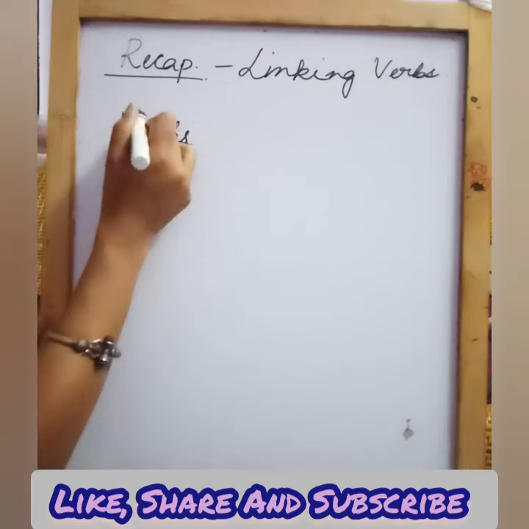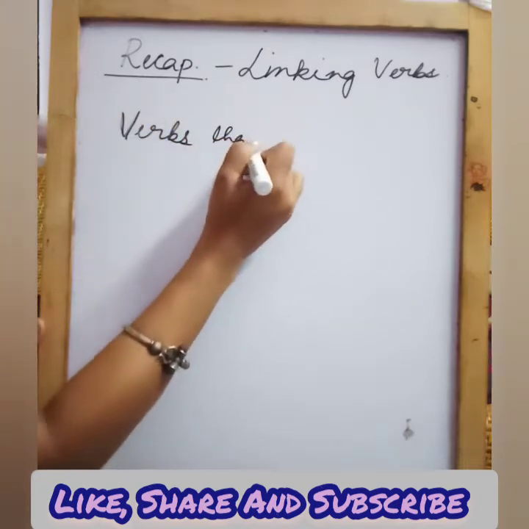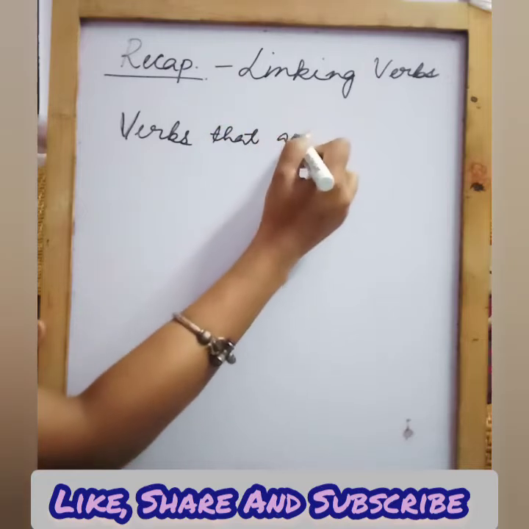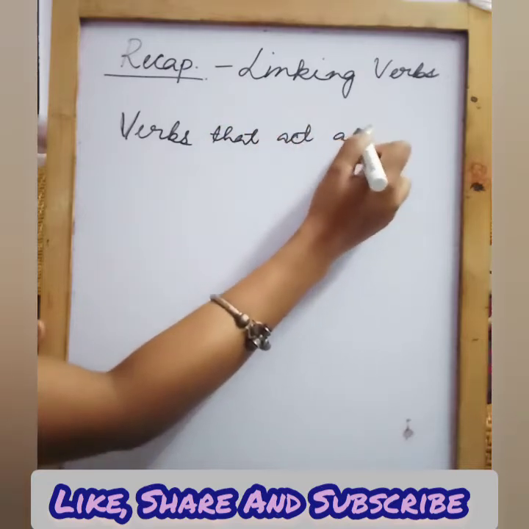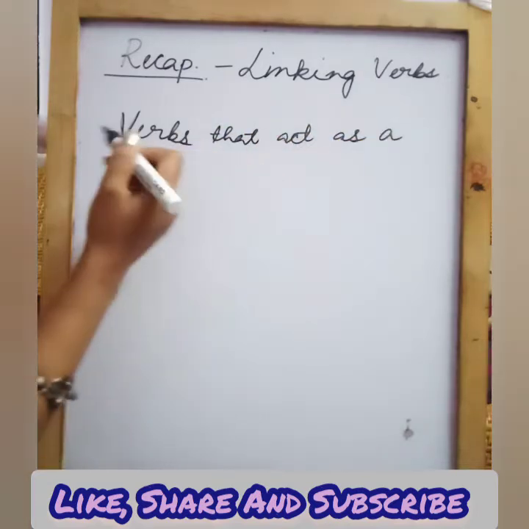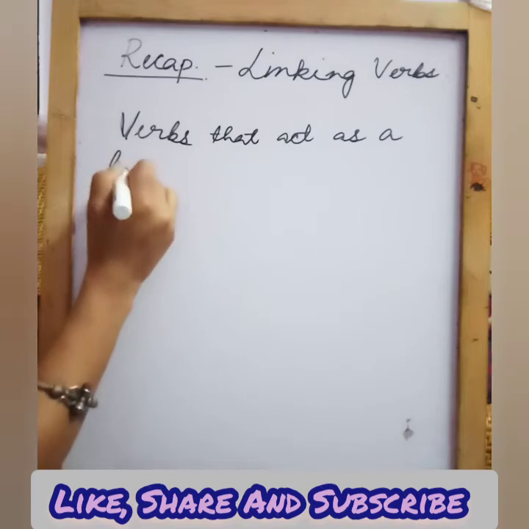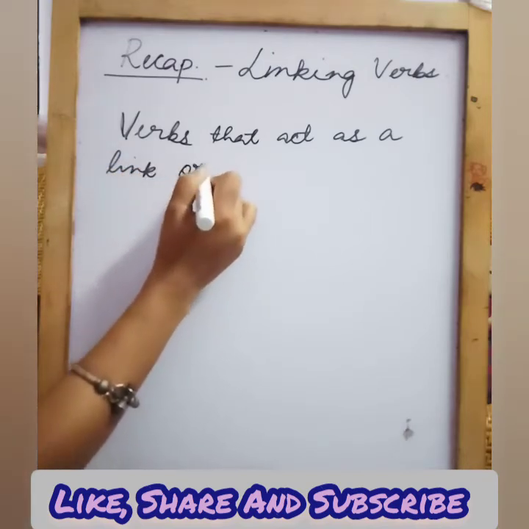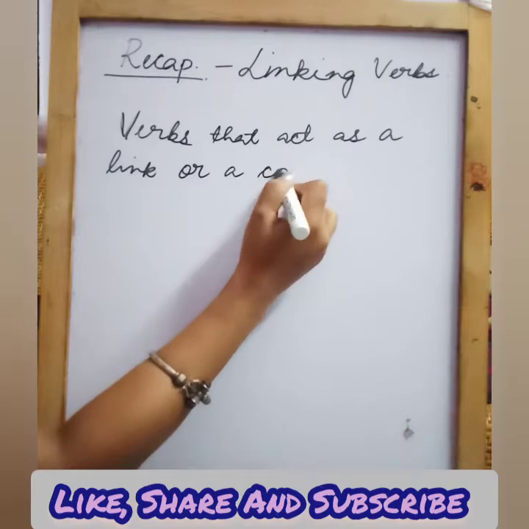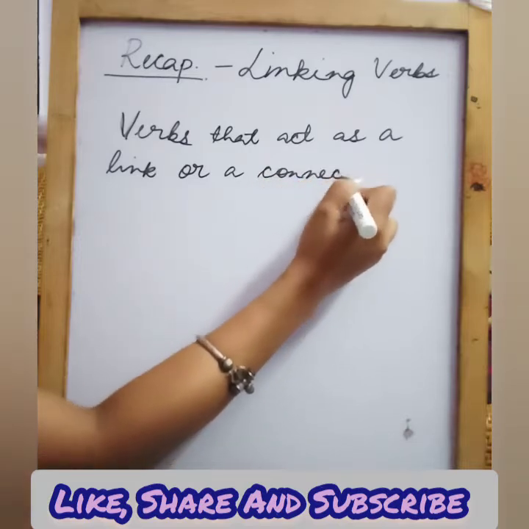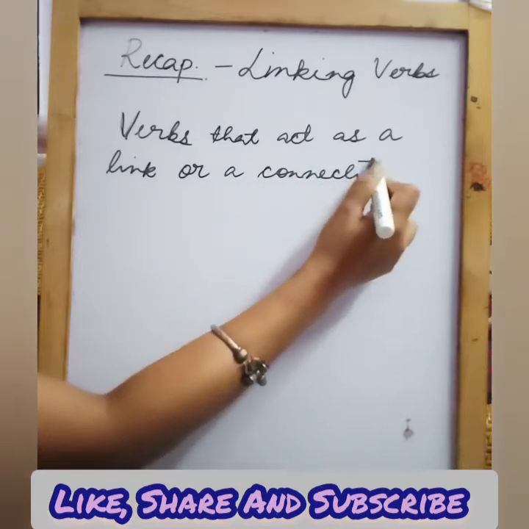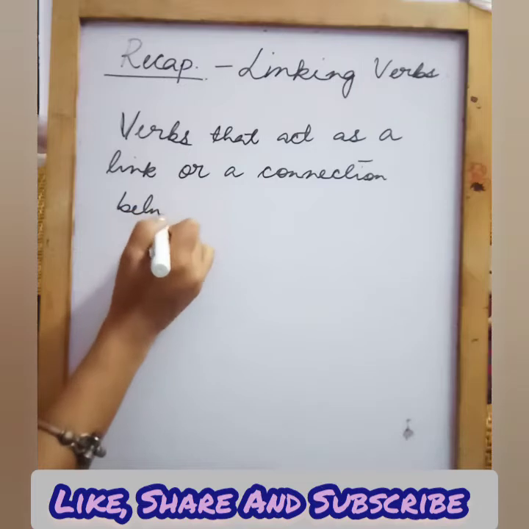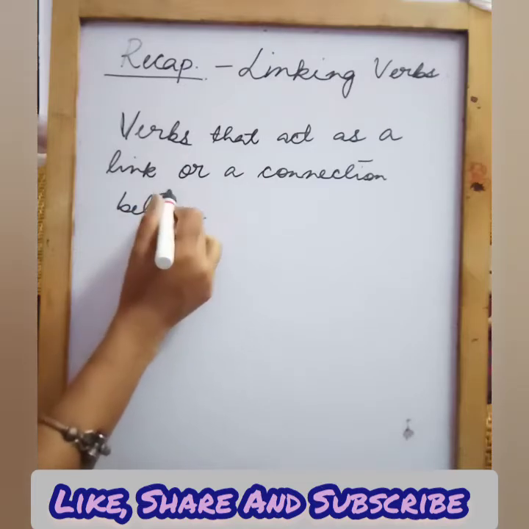So what are linking verbs? Verbs that act as a link, or a connection, isn't it? A connection between whom? It is a connection between the subject and the information about that subject.